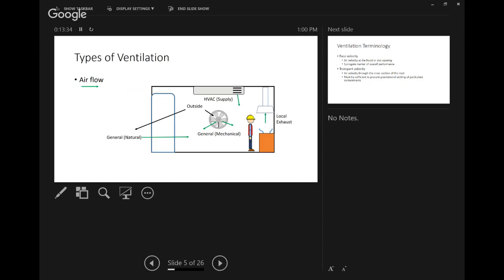And the other point that I want to bring up is if this person is required to do any work in this space, it's pulling the contaminants across their face into their breathing. So what you would want is slots around the top of this that just suck it right off the top. If it has to be open, then that's what I'd do. If not, then just cover that thing so it's not emitted at all.